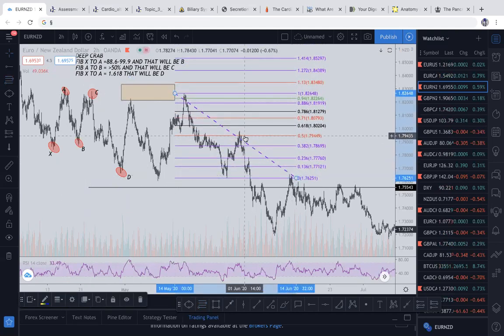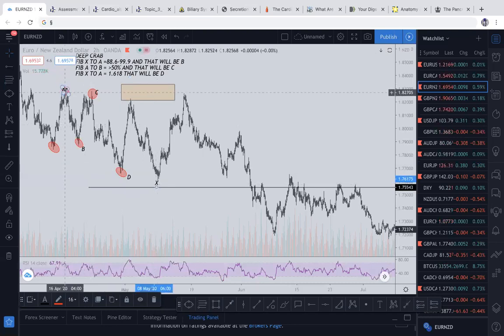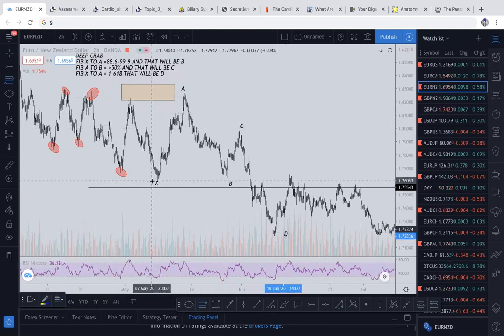So in this area, let's treat this area as our X. This as the A. This as the B. This is the C. This is the D. Now let's put the fibs and see if it's within the limits.